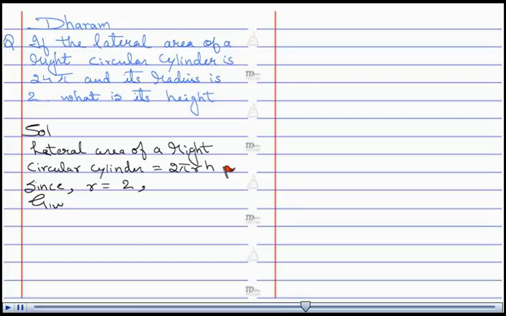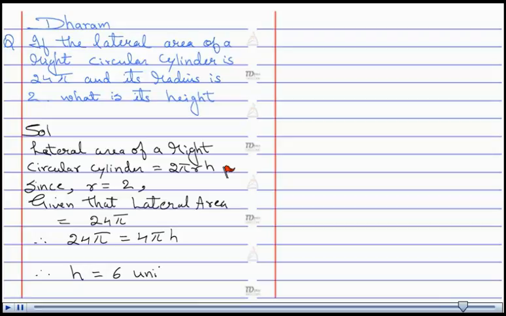Also we are given that the lateral area is equal to 24 pi. Therefore, on equating we can say 24 pi is equal to 4 pi h. Therefore, the value of height h turns out to be 6 units.